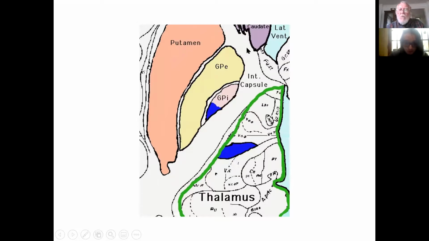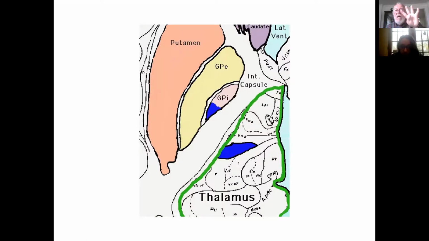So now I'm going to come up with 7 terms. We have the basal ganglia, which includes the caudate, putamen, and globus pallidus. We then have the caudate, the putamen, and the globus pallidus.